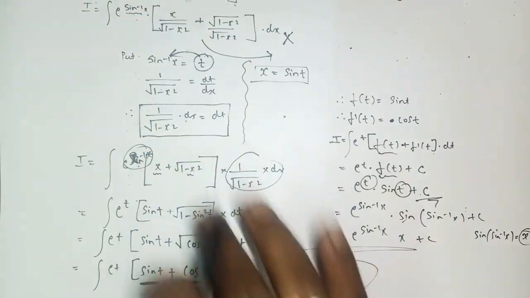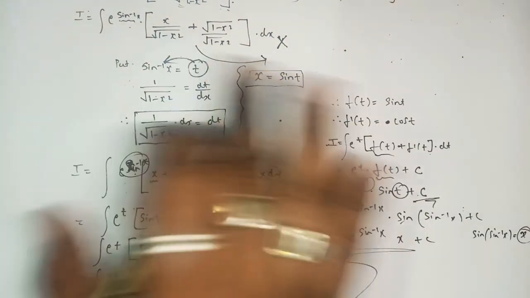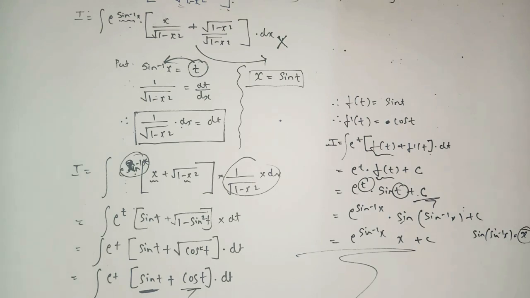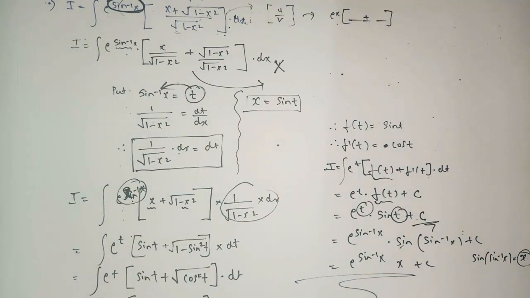I hope you all understood this sum. In this way you have to present your sum whenever x is replaced by any other term. I hope you all understood all the examples, as I took almost 4-5 examples for e raised to x.